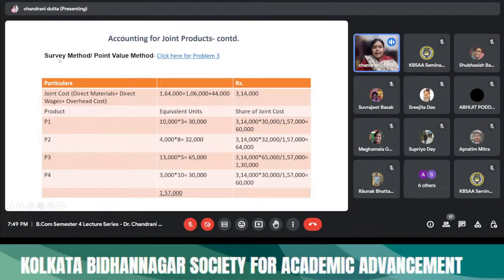If you see the name and apply your common sense, we are doing a survey and trying to assign some points to the joint products. I assign points, which you can also call assigning weights. Through the survey I see what factors the cost of this product depends on. Some may be its market acceptance, some the volume of production, some technical factors. From these factors a composite point is created, and I assign that composite point to each product and then apply this method. So the name is survey method, because through the survey you are understanding the different factors impacting the cost of the product, and thereby assigning points to the different products. Is it okay? This is the meaning, I'm not explaining the method yet.